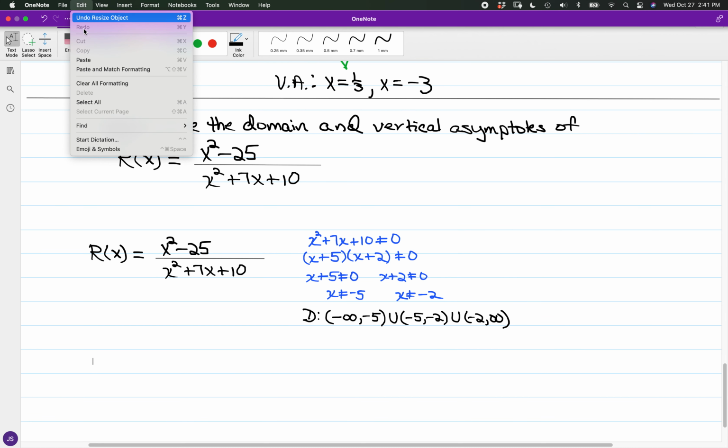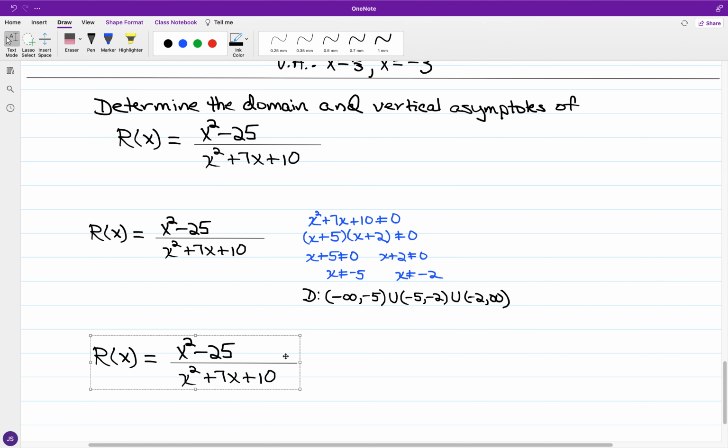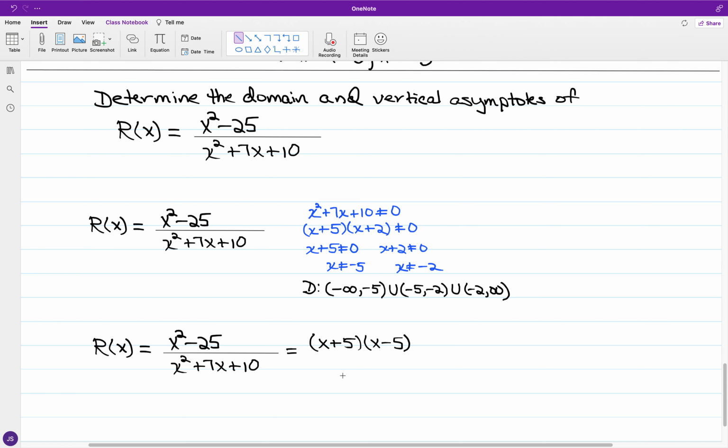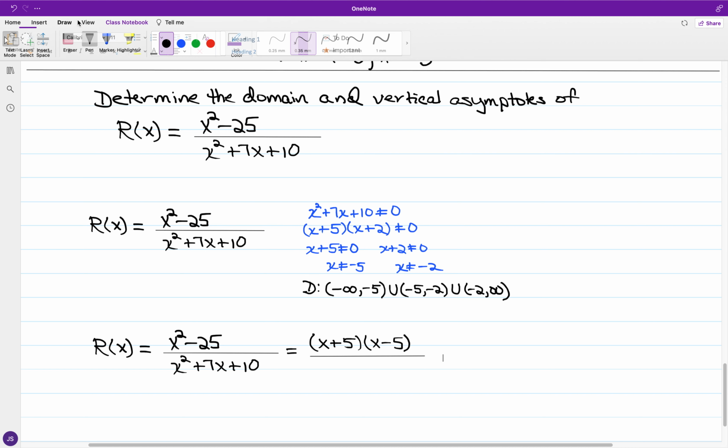And looking to see if we have any vertical asymptotes. Alright, so we have, once again, x squared minus 25, and we come out to x plus 5 times x minus 5, and in the denominator again we have x plus 5 and x plus 2.